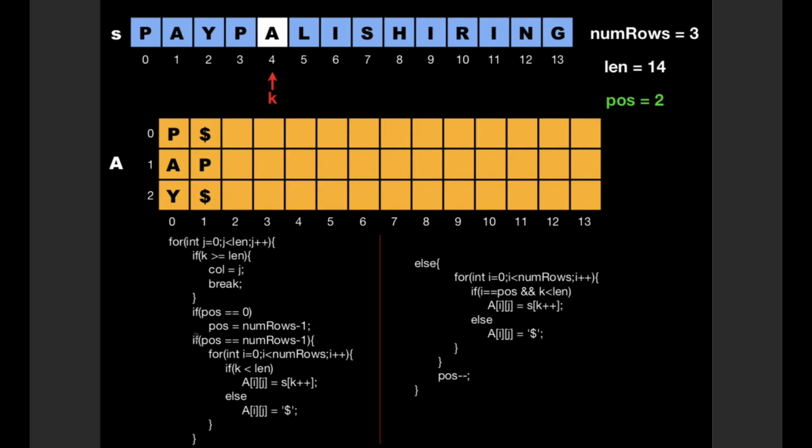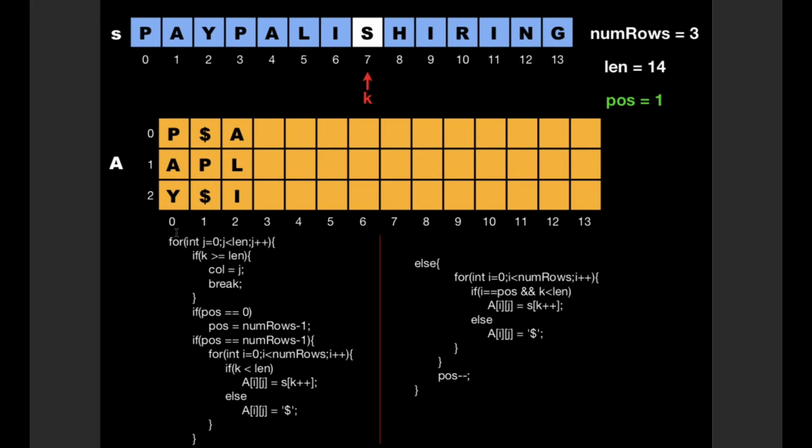Since the condition is true, we again run a for loop from i equal to 0 to number of rows, that is for another column, and check whether k does not exceed the length value, and we insert the characters A, L and I into the third column of A, and we decrement the value of position.